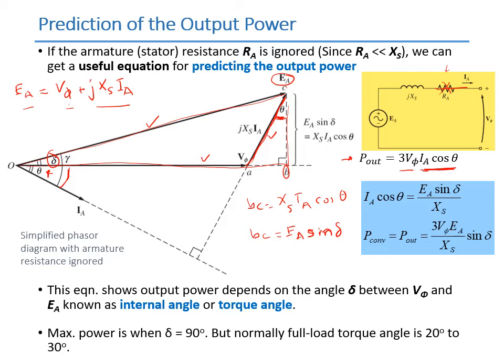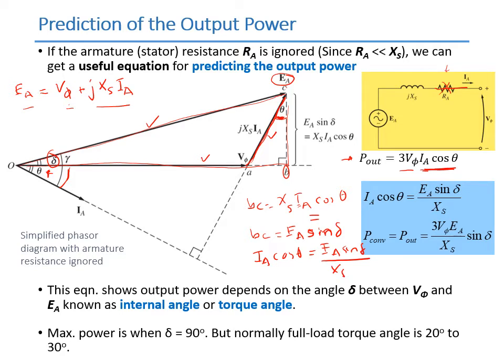So we have two equations for BC: XS IA cos theta and EA sine delta. It means that XS IA cos theta is equal to EA sine delta, and therefore you can derive that IA cos theta equals EA sine delta over XS.